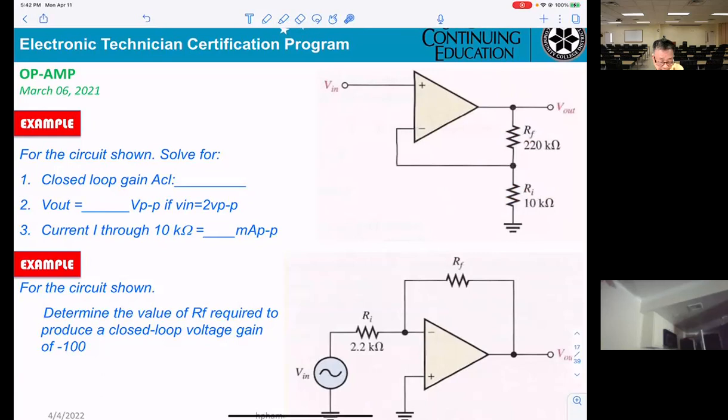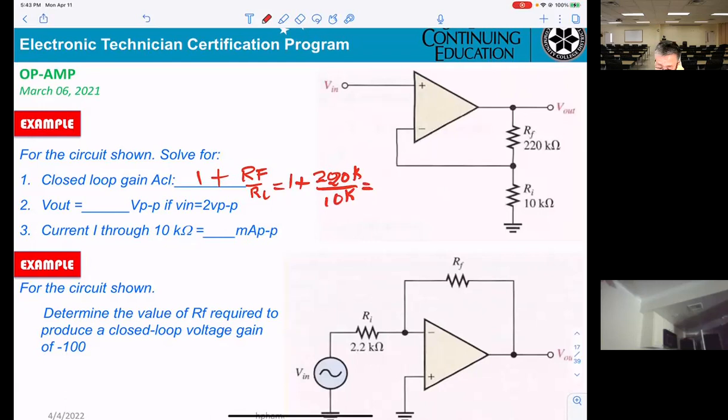So the state for the circuit shown is the closed loop gain. The closed loop gain, you can see, is 1 plus RF over RI. One plus 220K over 10K.